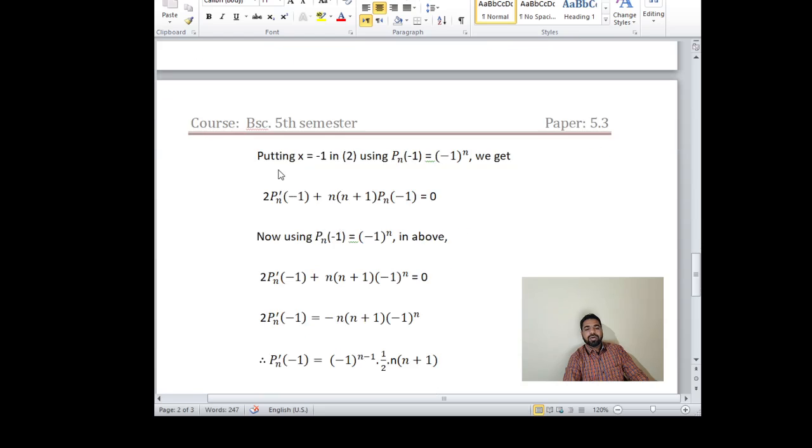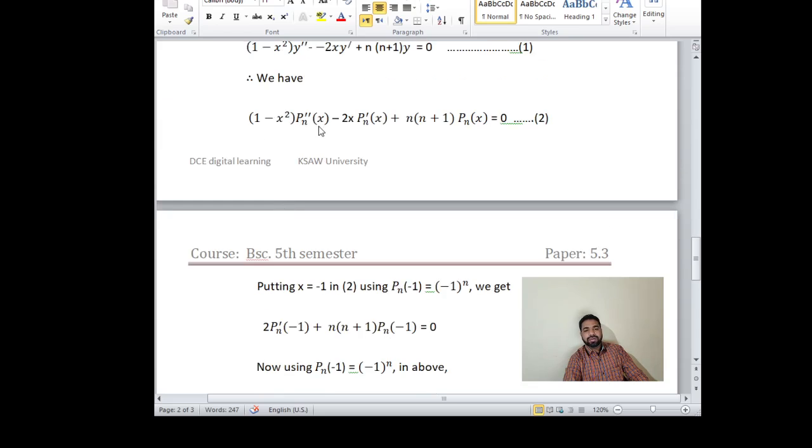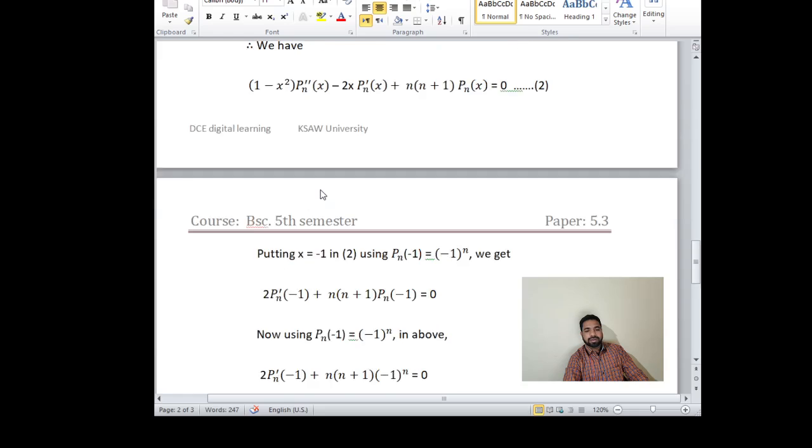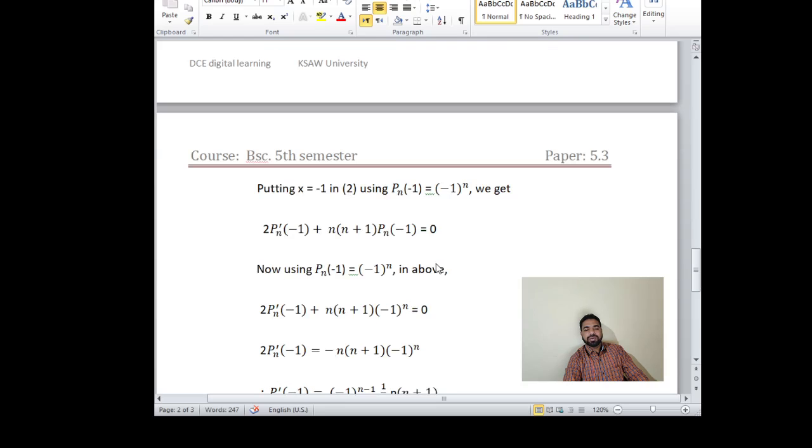Now putting x equal to minus 1 in equation 2, which takes the form 2 P dash n of minus 1 plus n into n plus 1 Pn of minus 1 equal to 0.